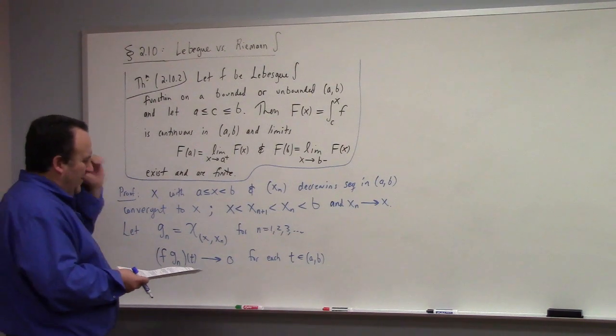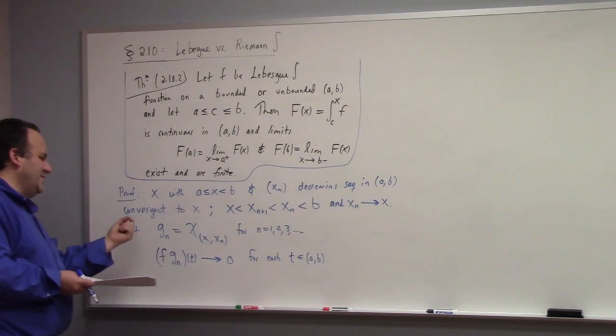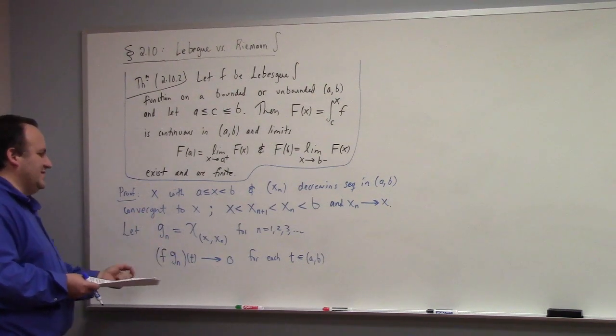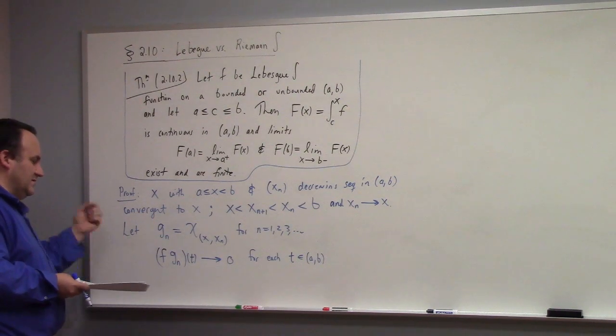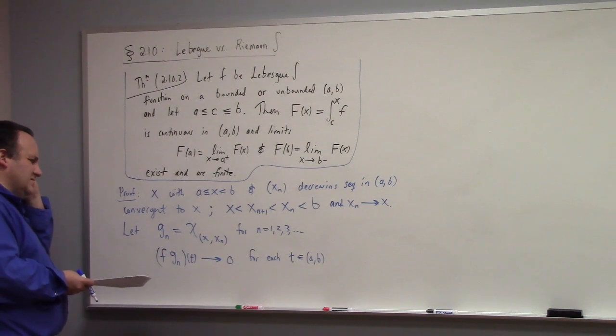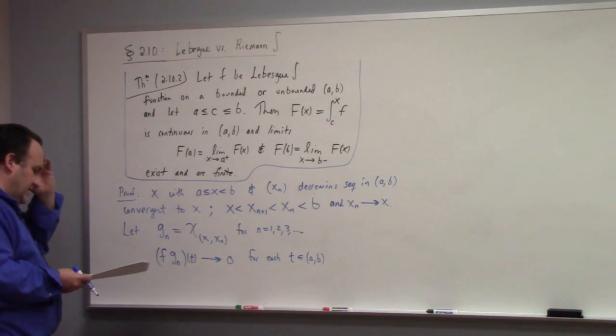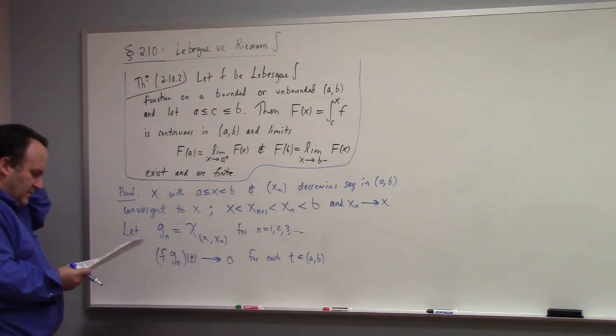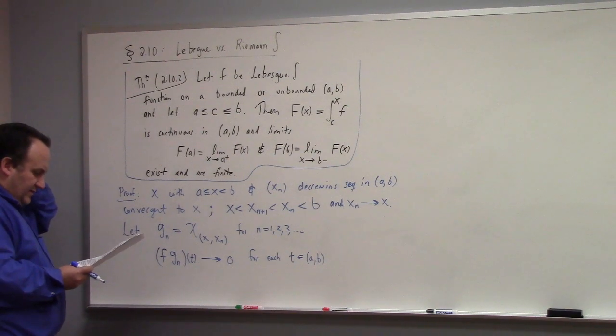As it approaches x, that becomes the empty set, so x is not in there. It's just literally 0 everywhere. This is fine. I got it. All right, so then what?